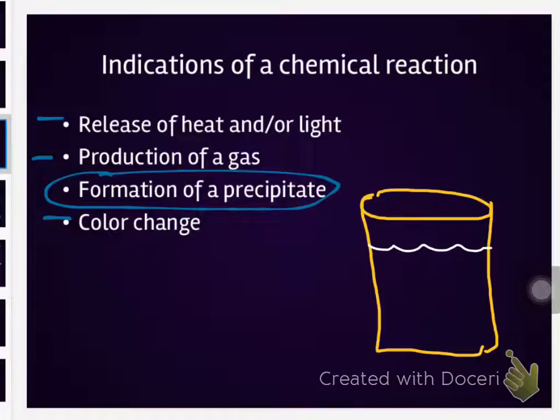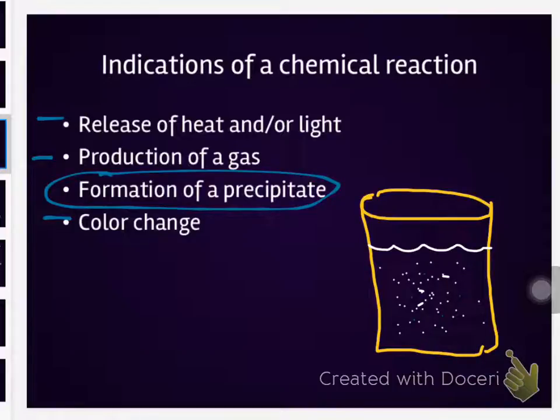Okay? At the point when that changes, you start to see chunks come out. Sometimes this shows up as, hey, the solution just got cloudy. It suddenly looks like milk. That's the formation of a precipitate. As long as it's clear, that's a solution.